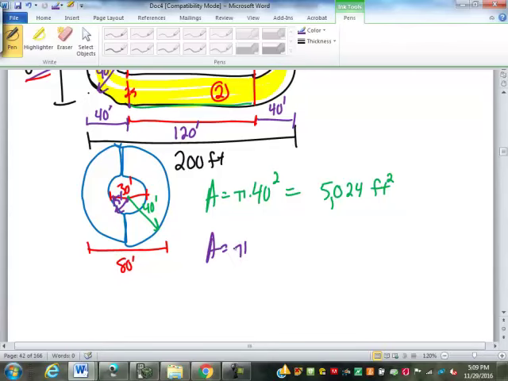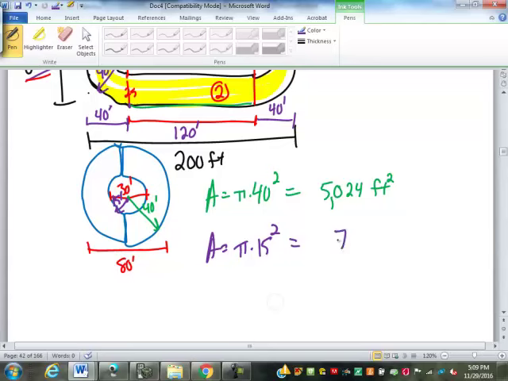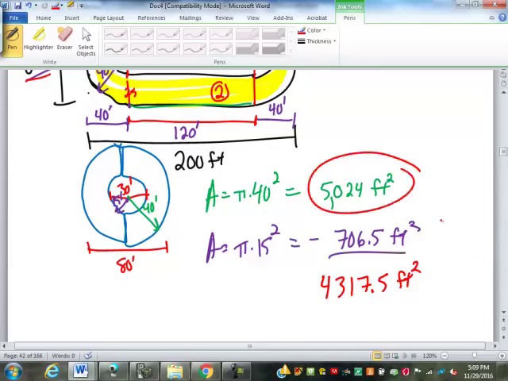So that area is pi times 15 squared, 706.5 square feet. So I do have to subtract that. That's going to give me 4,317.5. Is that correct? Square feet? 5,024 minus 706.5.